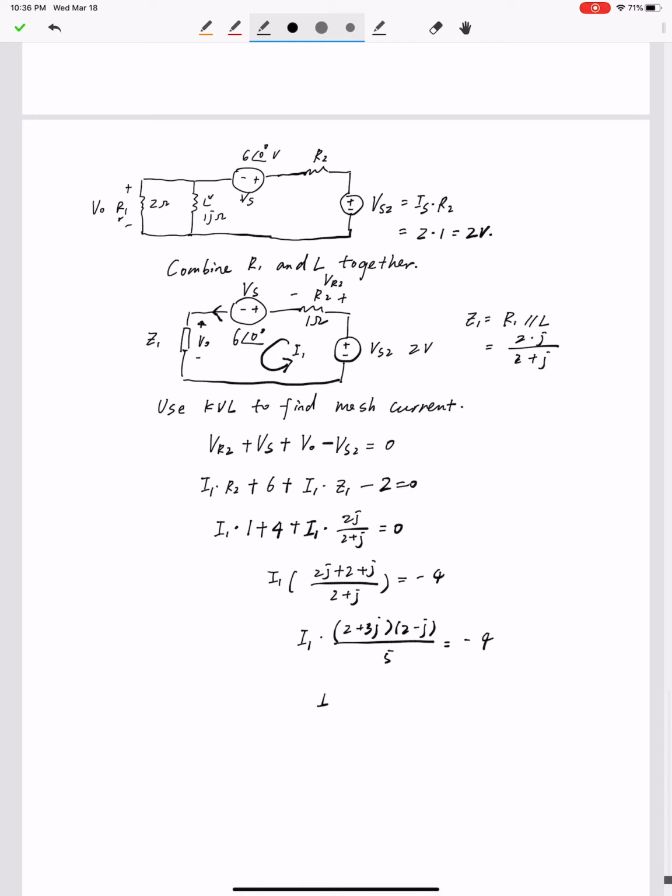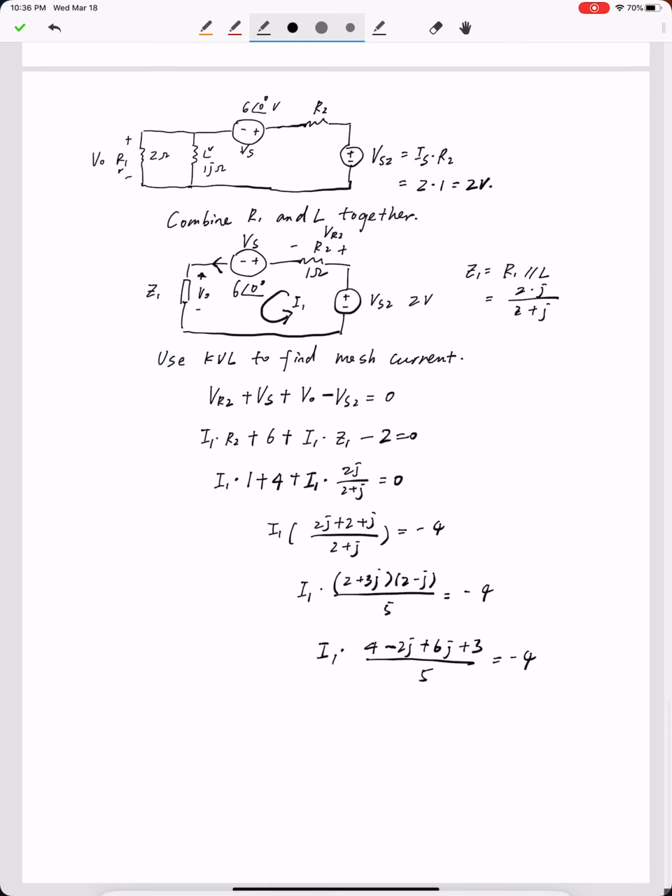That is I1 times (4 minus 2j plus 6j plus 3) divided by 5, which equals minus 4. We are very close to the final answer. That equals I1 times (7 plus 4j) equals minus 20, so I1 is minus 20 divided by (7 plus 4j).